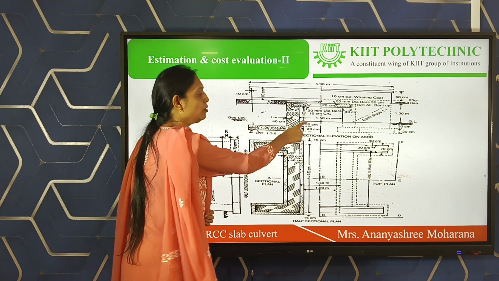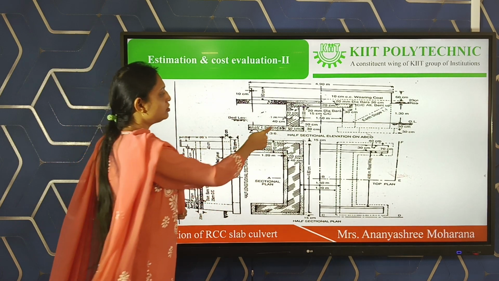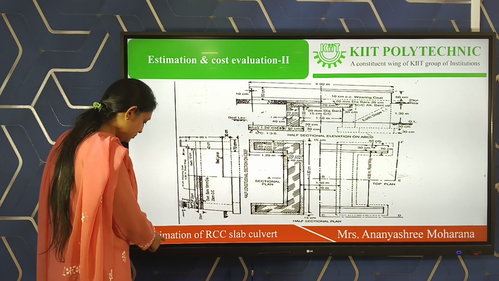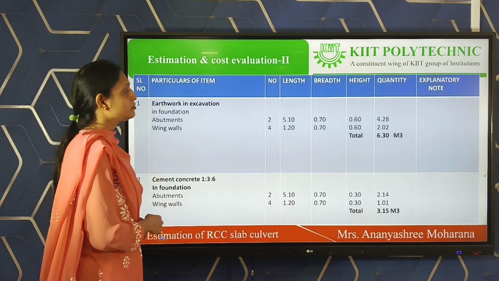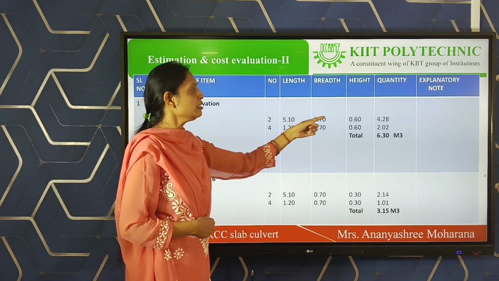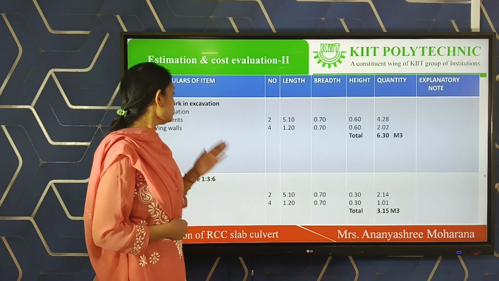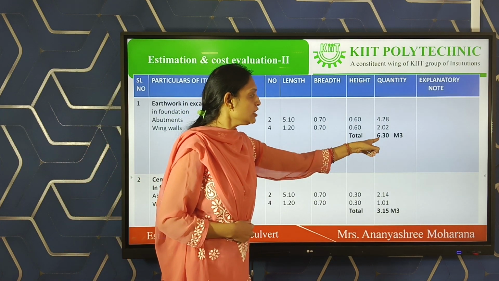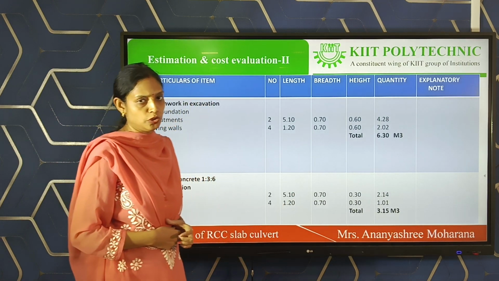That means the total height will be 0.6 for the abutment and also for the wing wall. Then you have to multiply all, number into length into breadth into height, you can get the quantity. And for abutment and wing wall, you can get the total quantity 6.3 cubic meter for the earthwork.